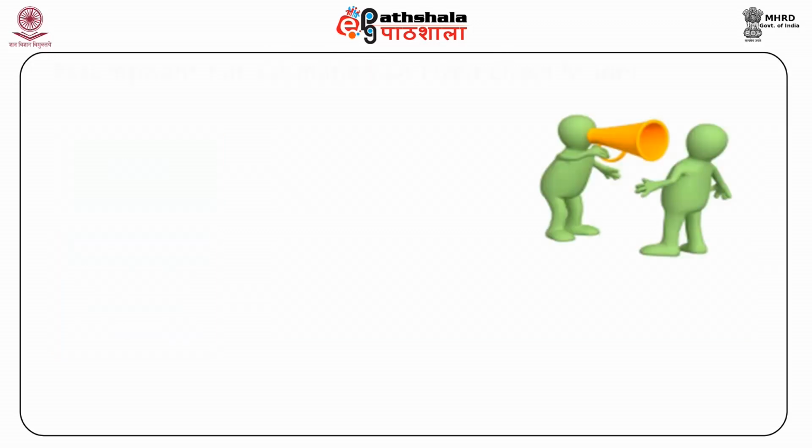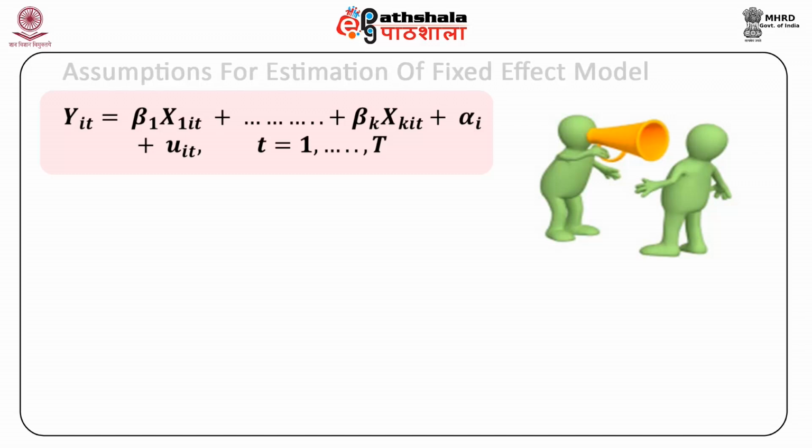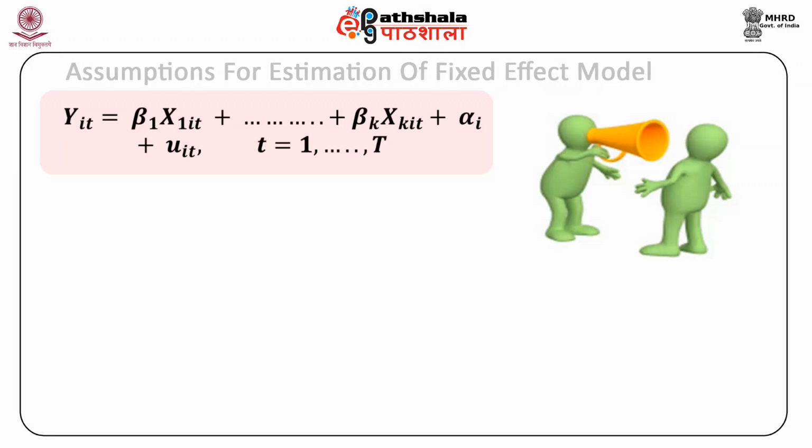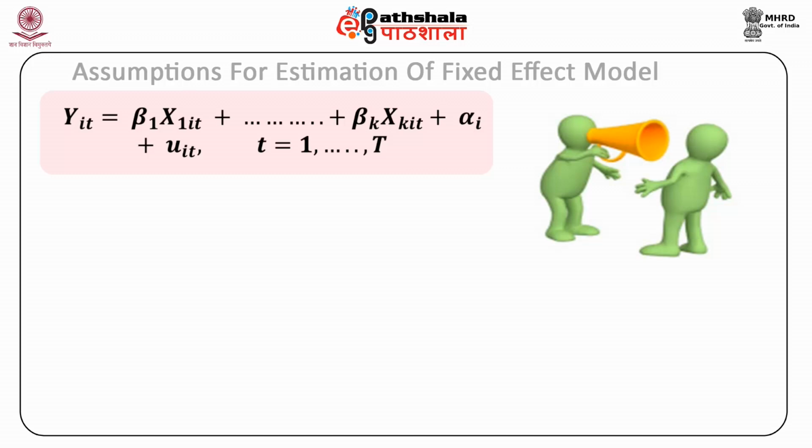Now, following are the assumptions that are needed for estimation using the fixed effect model. First, for each i, the model is y_it is equal to beta 1 into x1_it plus so on up to beta k xk_it plus alpha_i plus u_it, and t varies from 1 to capital T. In this, the beta j's are the parameters to estimate, and alpha_i is the unobserved effect.